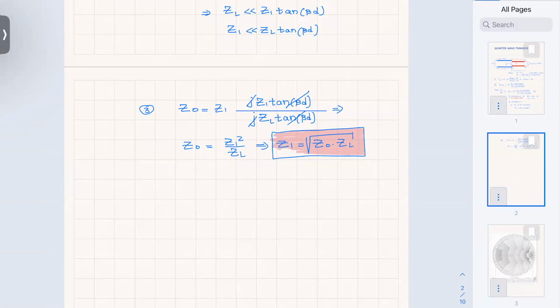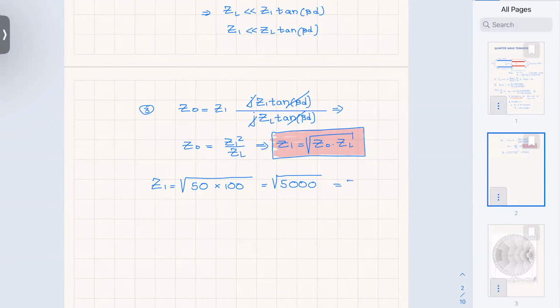Okay. Now, for our problem, it makes Z1 therefore the square root of 50 times 100, which is the square root of 5,000. That is 70.7.